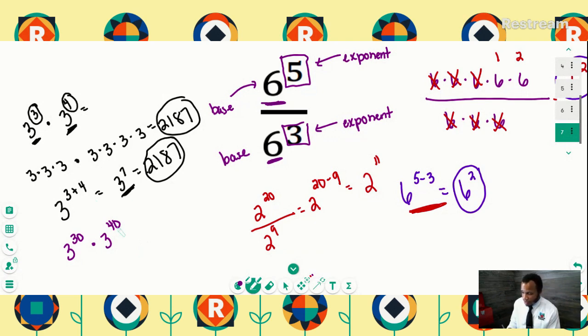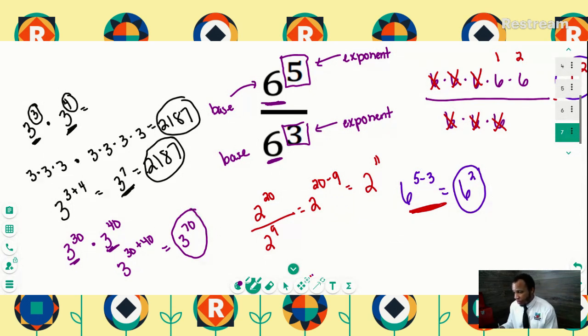But remember the pattern from before: the base, 3, stays the same, and we'll add 30 plus 40, which gives you 70. So we have 3 to the 70th power. I won't write that number out because it's a pretty big number, but 3 to the 70th power would give you your answer if you want it in exponential form, or if they want it in expanded or simplified form, whatever number you get once you type that in the calculator would be your answer.